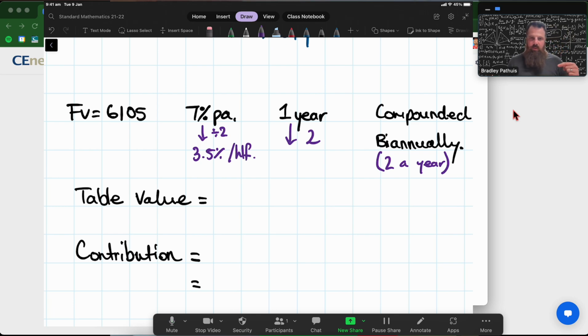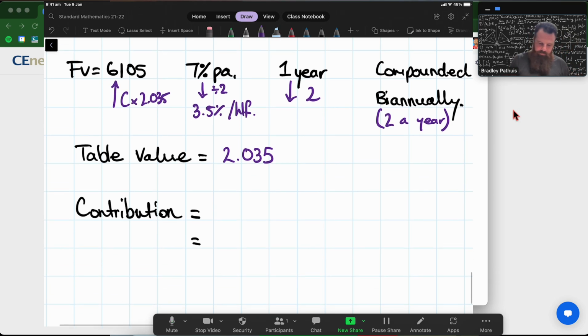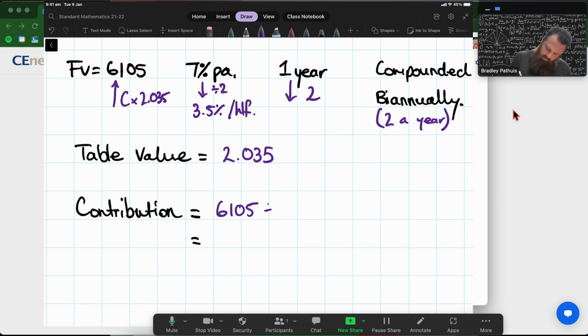So we want to go back up to the table, look in the 2 periods column and the 3.5% column, and that is going to give us a value of 2.035. And again, this future value is the contribution multiplied by 2.035. So the contribution must be its reverse. So we have 6,105 divided by 2.035.